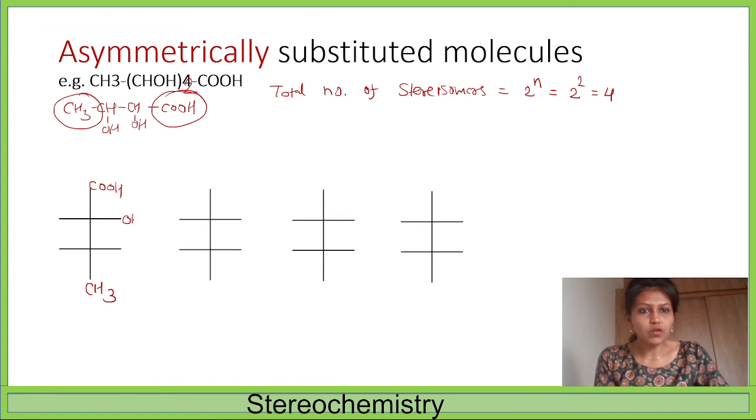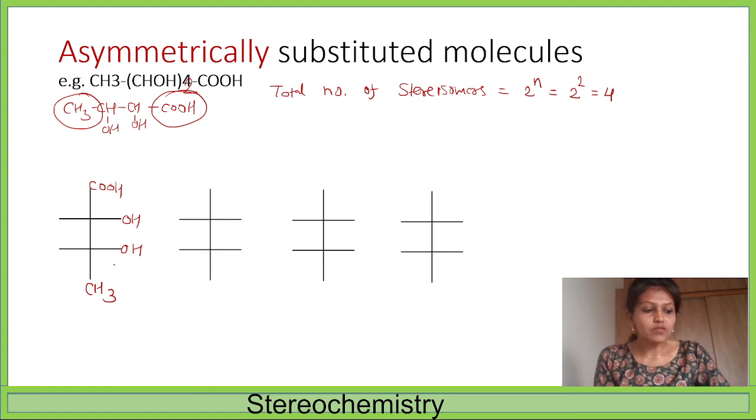Suppose I put over here OH and OH, right? Okay, so this is not a meso compound. Consider in a symmetrical molecule there is a meso compound; this is not a meso compound because a plane of symmetry is not present. This COOH group and methyl group are different. So this is not an optically inactive stereoisomer, right? We can say it is an optically active stereoisomer because there is no plane of symmetry, right?